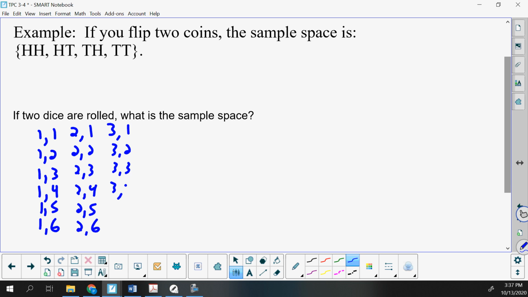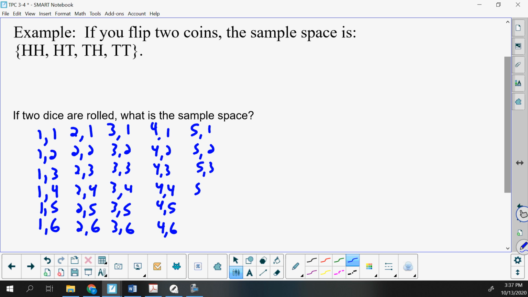So we have all the options with the first die having a 3, then all the options with the first die having a 4, all the options with the first die having a 5, and all the options with the first die having a 6.